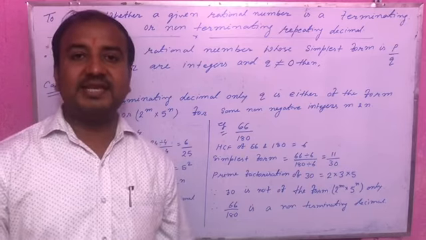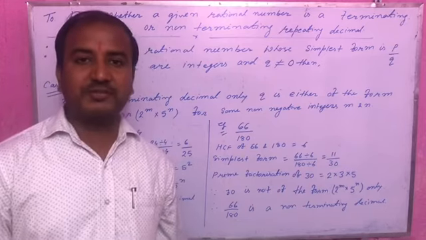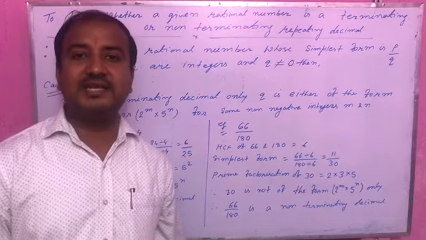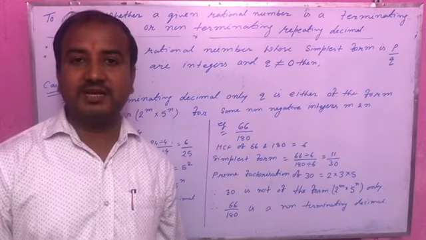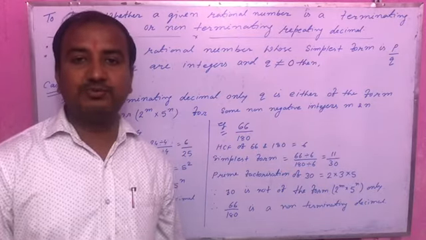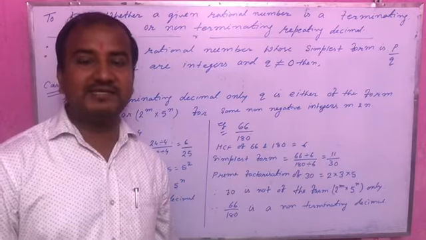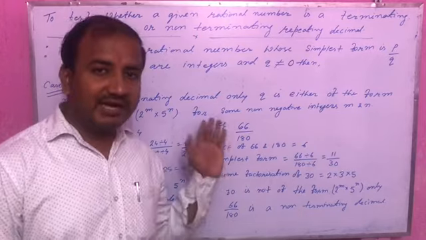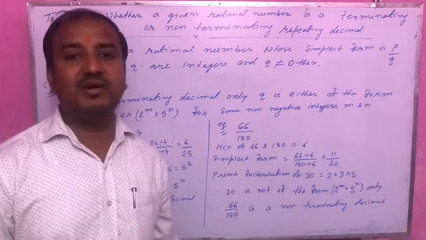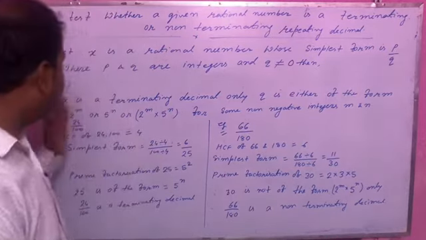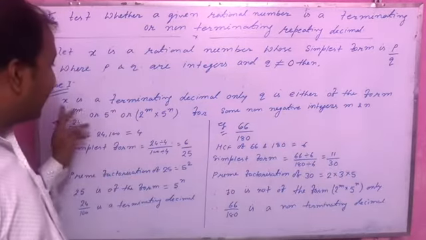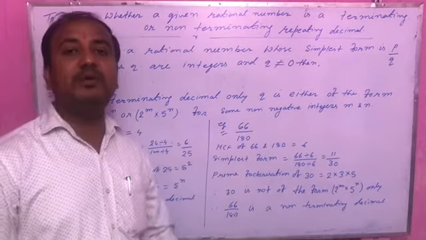Case 1, for showing the rational is a terminating decimal, and case 2 for showing the rational is a non-terminating repeating decimal. At first we will discuss case 1. Case 1, x is a terminating decimal only.